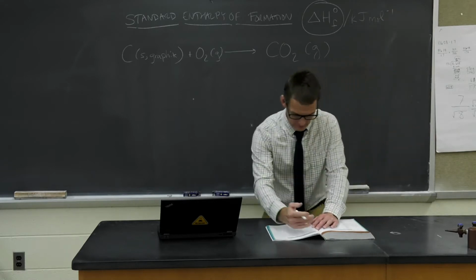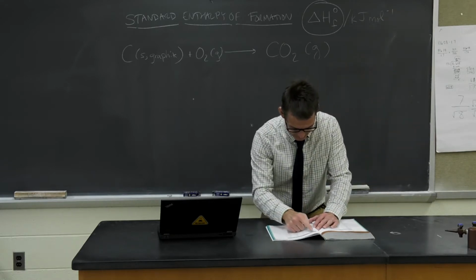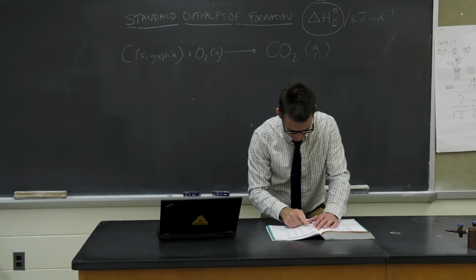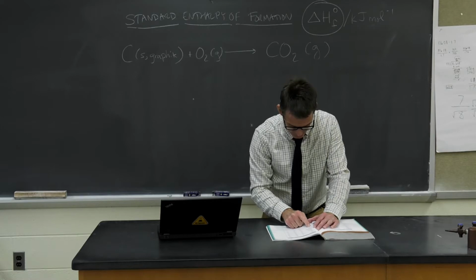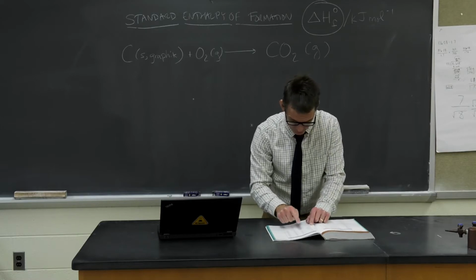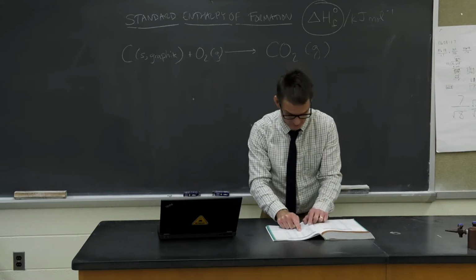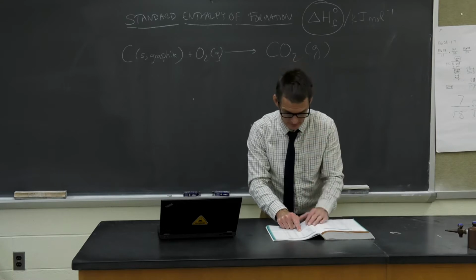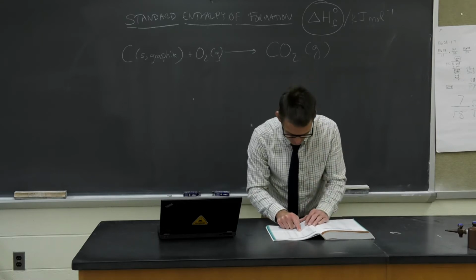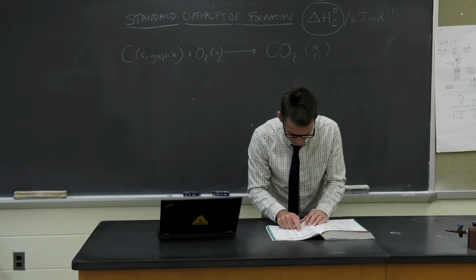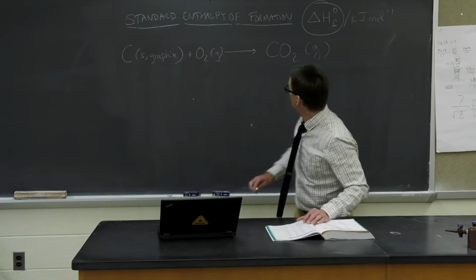So I just look at these various species, and as I look down, there it is, CO2 in the gas phase. If I move across one column underneath the standard enthalpy symbol, delta H subscript f superscript 0, I see negative 393.509.